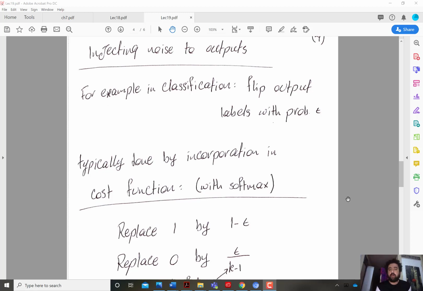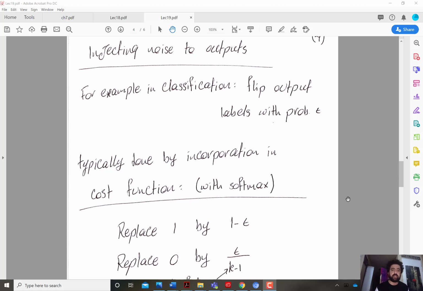The simplest way to implement noise injection to outputs in classification is to flip the output label with probability epsilon. So with probability 10%, if epsilon is 0.1, I change the output label. If it's two-class classification, then I just flip it to the other class.